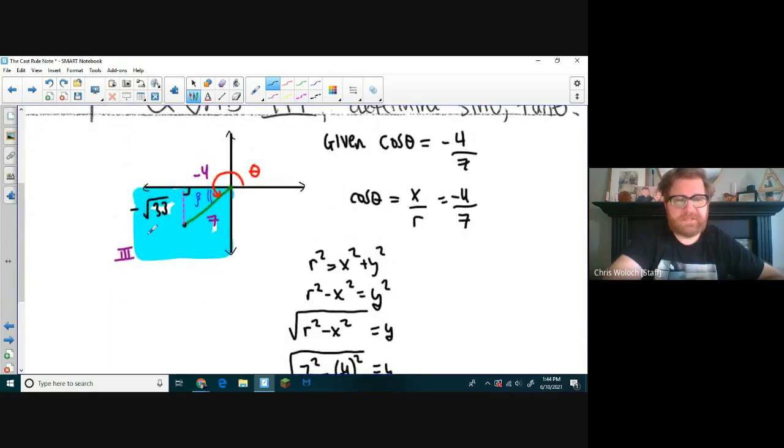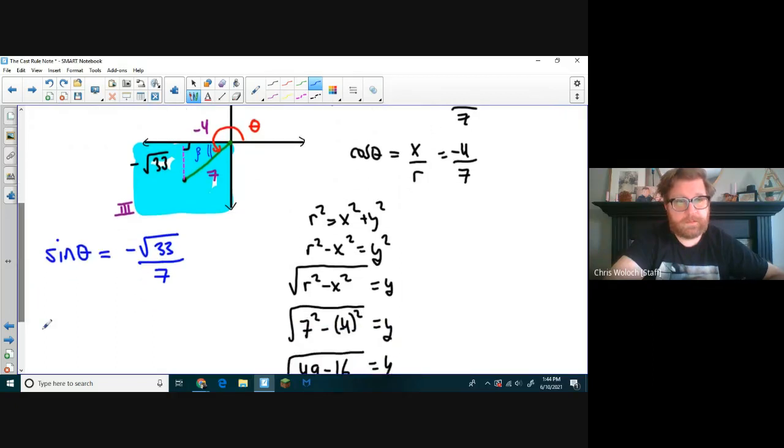So now that I have this information, what's the ratio of sine theta in this situation? Well, I know theta's in quadrant 3. I'm going to use the related acute angle in the triangle here. So it's opposite over hypotenuse, or y over r. It's going to be negative root 33 over 7. And then the other one was tangent.